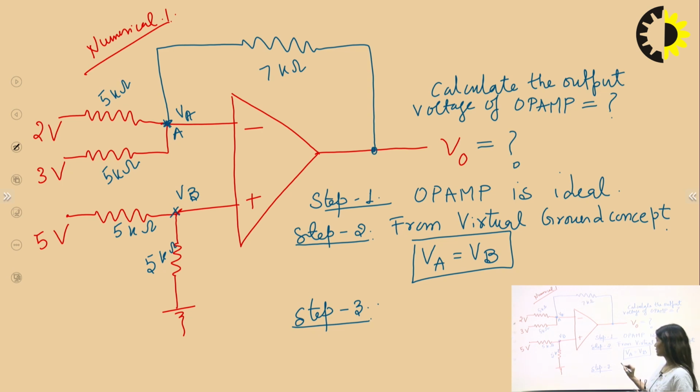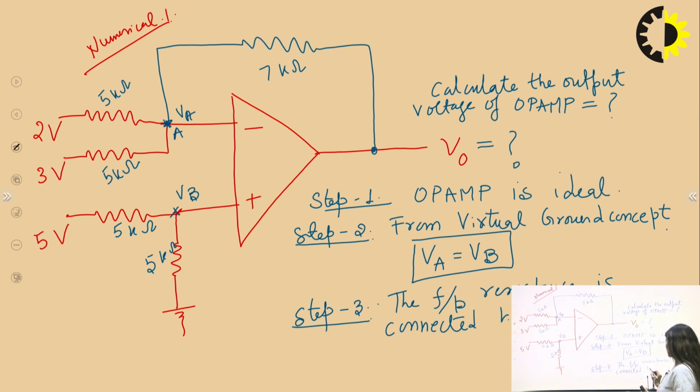So you have to write that the feedback resistance is connected between the output and the negative terminal of the op-amp.